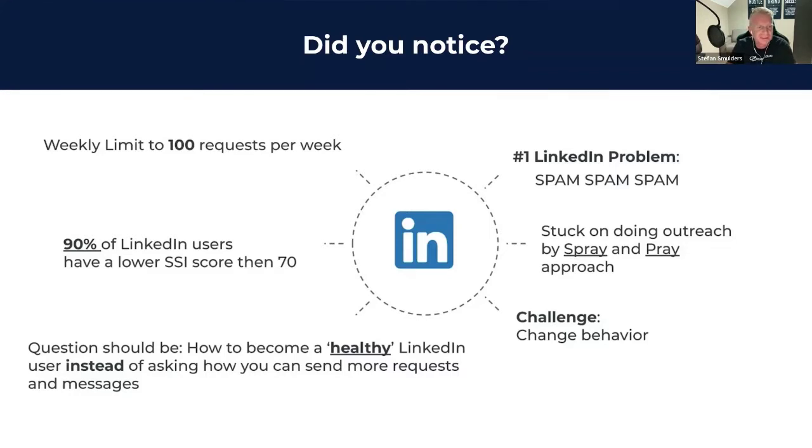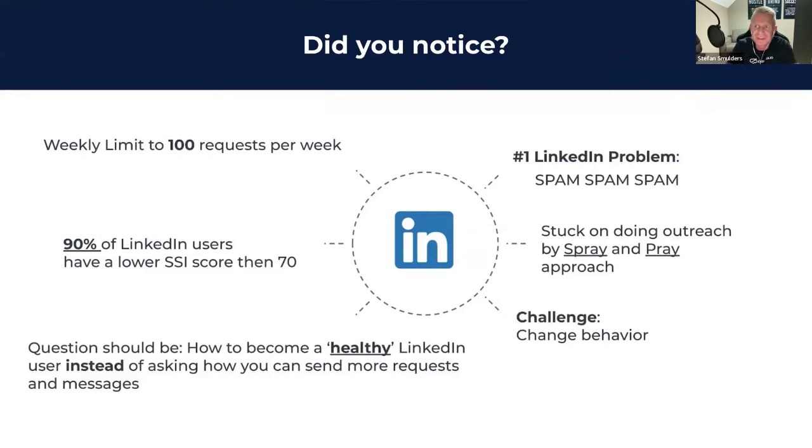That shocked me a bit, because if I dive more in depth into what LinkedIn wants you to do in relation to the social selling index, or SSI score, I see that 90% of users have a lower SSI score than 70. And the ones who have a 70 are mainly focused on the fourth pillar, building relationships.